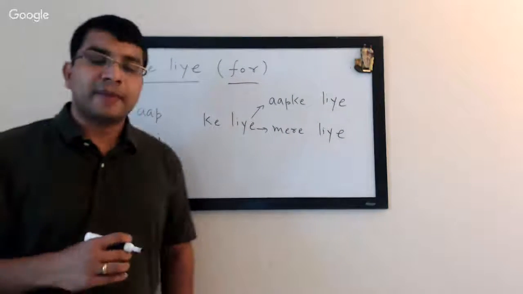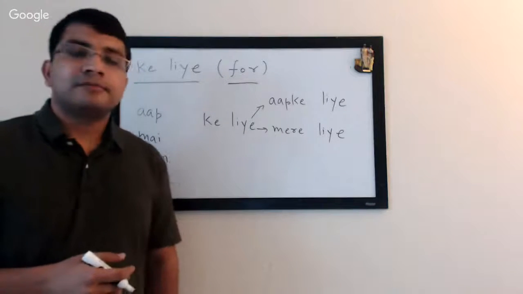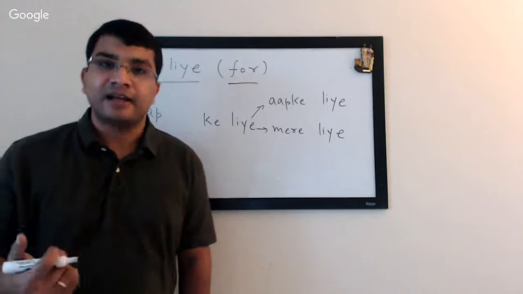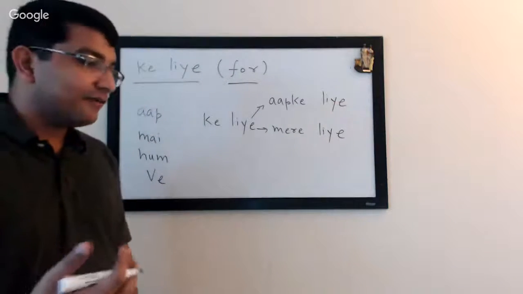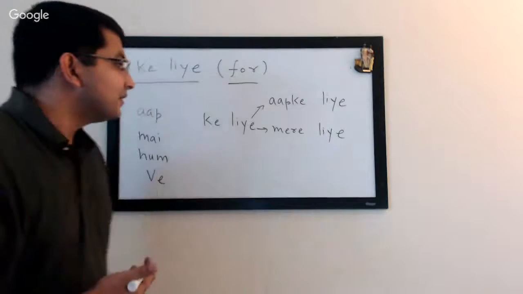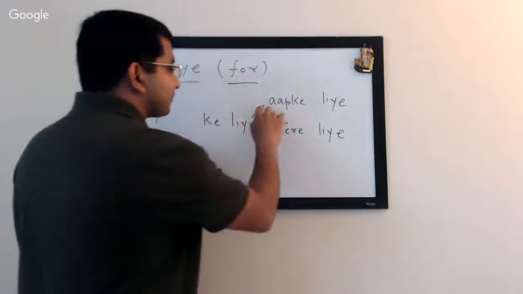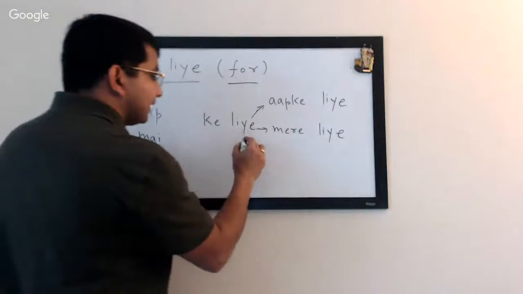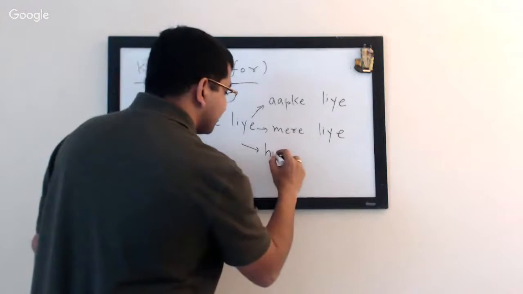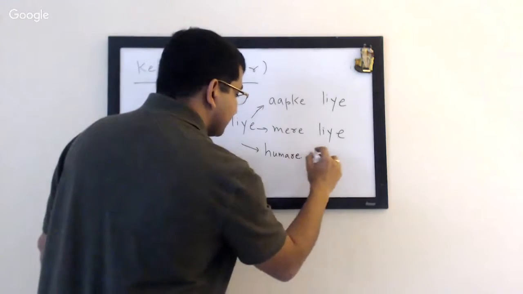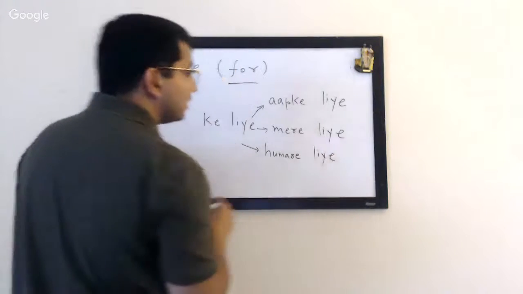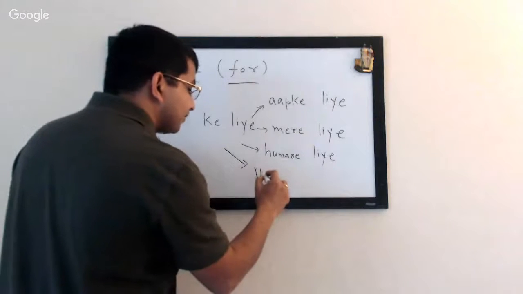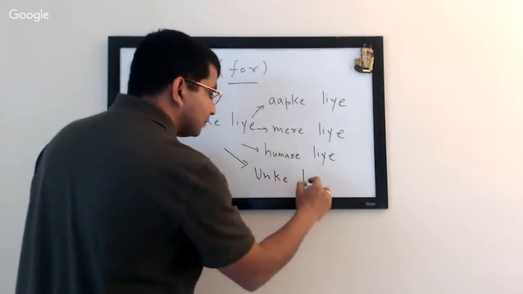So for example, imagine a situation where dad is coming from a different city, and the kid is like, पापा आप मेरे लिए क्या लाए, मेरे लिए क्या लाए, what did you bring for me, मेरे लिए, right? मेरे लिए, for me. हम के लिए is हमारे लिए, for us, हमारे लिए. वे plus के लिए, उनके लिए, for them, उनके लिए.